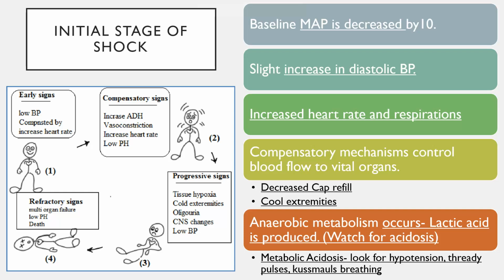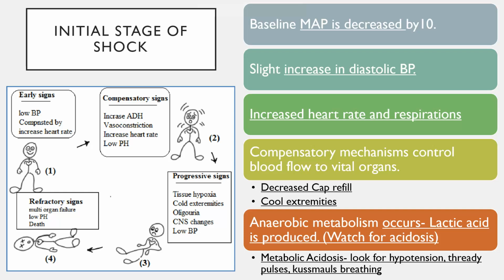Maybe it's going to lower the pH. Progressive signs. Tissue hypoxia, the cells die off, the extremities get cold, you're going to see lactic acid being released. And then refractory is where everything starts to fail and the patient is high risk for death. I would even say high risk. They're more than likely going to pass away.